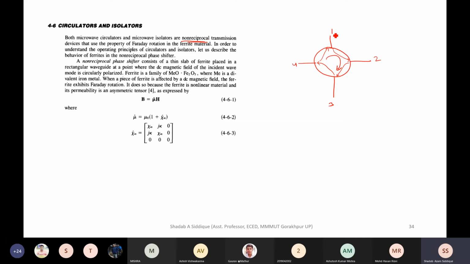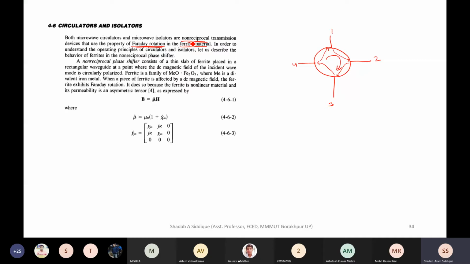Suppose we are talking about the first port. Port 1 does not have similar behavior for port 2 as well as port 4. The behavior for port 2 is different and the behavior for port 4 is different. So it is a non-reciprocal transmission device, and it uses the property of Faraday rotation in the ferrite material.